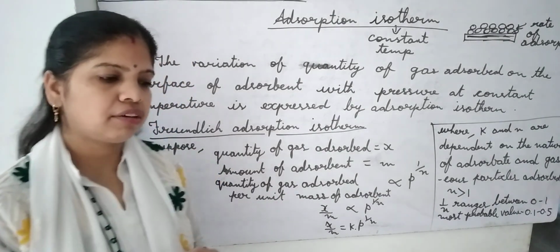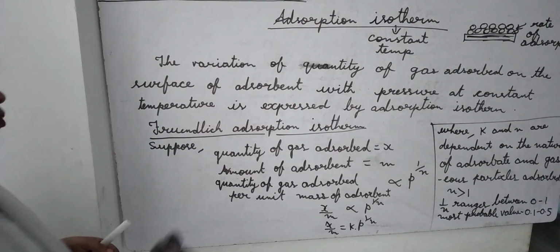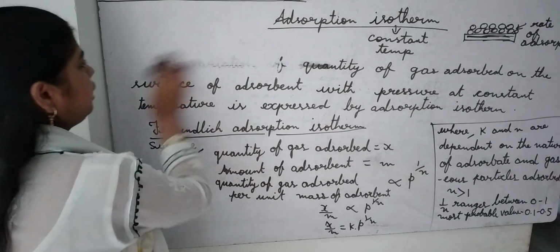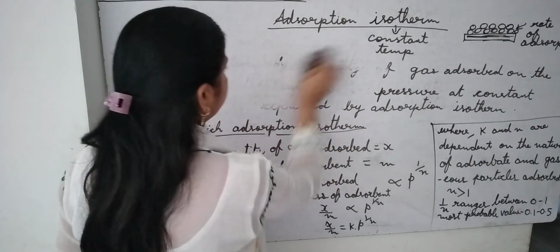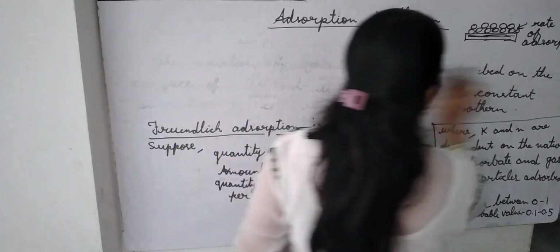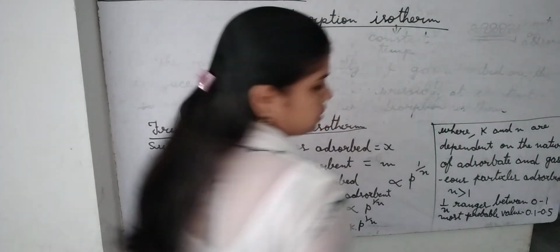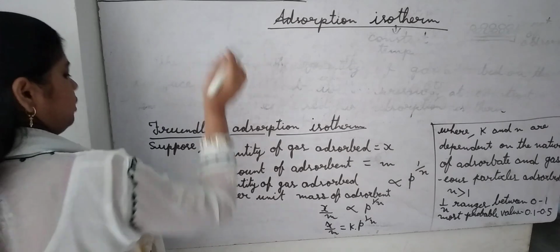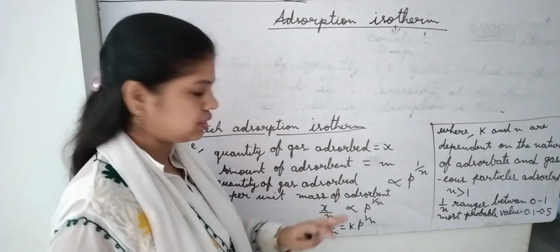When temperature varies, then what type of graph we are getting? Just try to understand it through variation of temperature. So here actually this is y is equals to mx plus c.